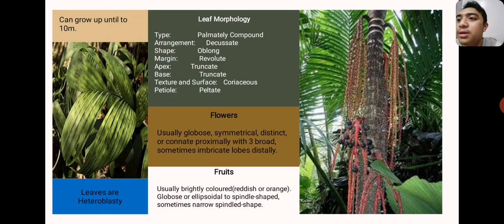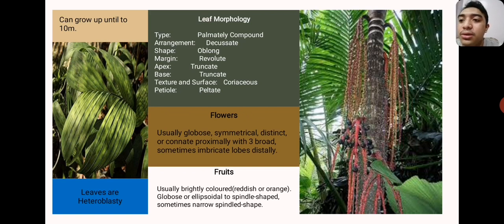It can grow up to 10 meters, and the leaf morphology type palmate compound arrangement decussate, shape oblong, margin revolute, apex truncate, base truncate, texture and surface coriaceous, petiole peltate.